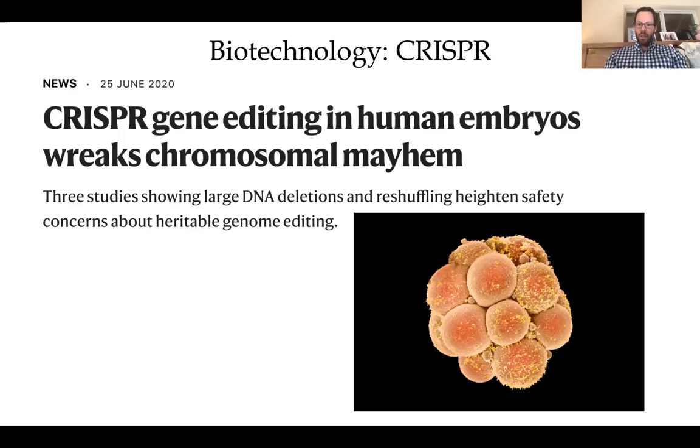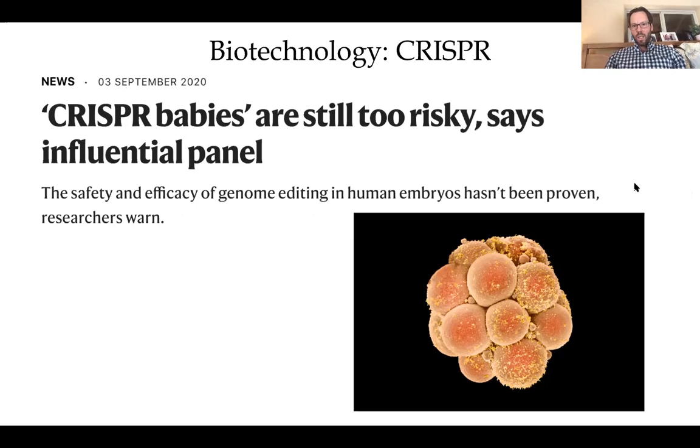And so again, these off-target sites being manipulated without the intent of that happening. And so a couple months later, they came out with this decision that CRISPR babies are still too risky. It says influential panel. So we have still a long way to go before we can start using this CRISPR on humans, whether it's on embryos to correct familial mutations.